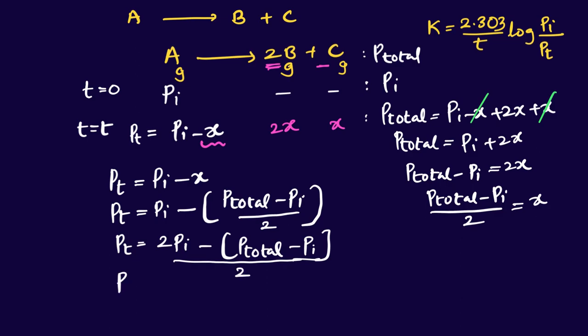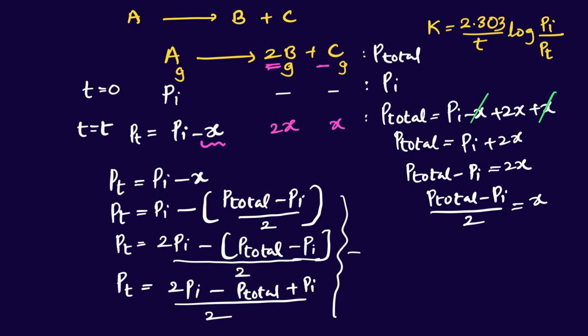Then P at T time is equal to 2Pi minus P total, minus into minus plus, therefore plus again Pi divided by 2.